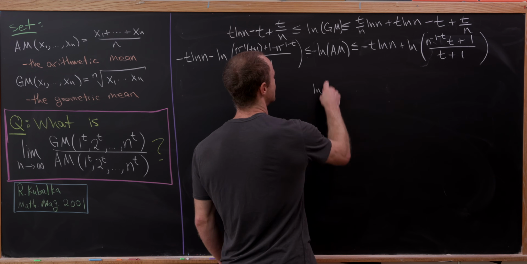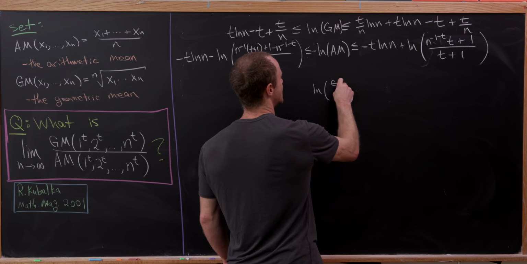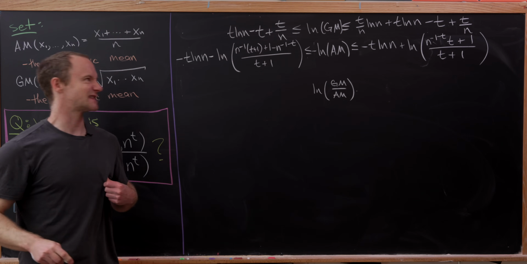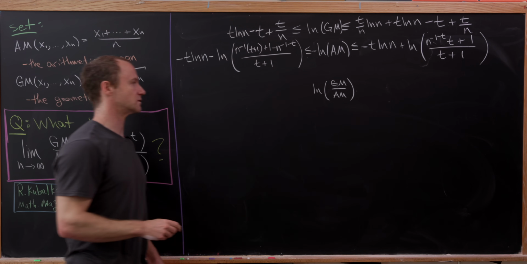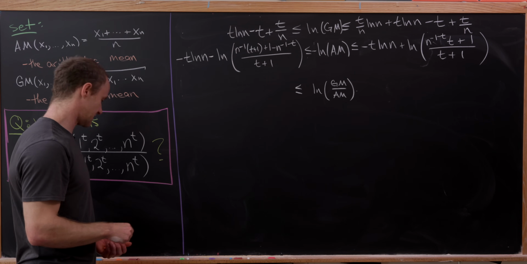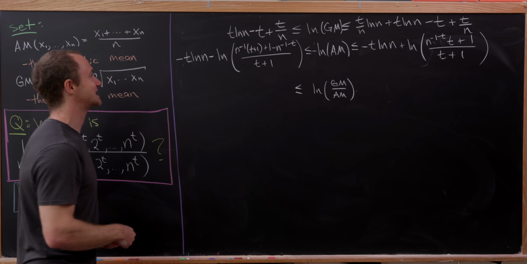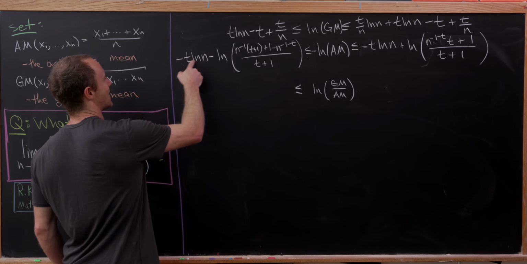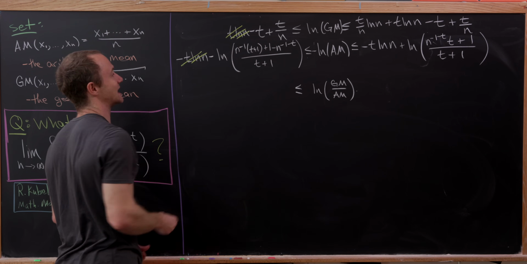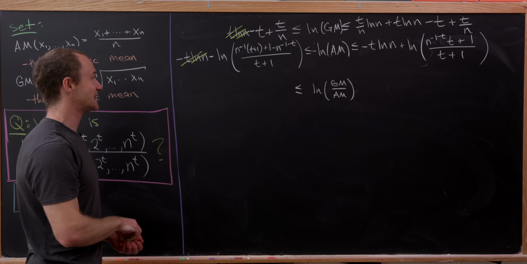So like I said, in the middle, we'll have the natural log of the geometric mean over the arithmetic mean, because that's the difference using logarithm rules. And then on this left-hand side, well, let's see what we get. Well, some stuff nicely cancels. Notice that here we have a minus t natural log of n, and here we have a t natural log of n, so that cancels. Okay, so that's good.